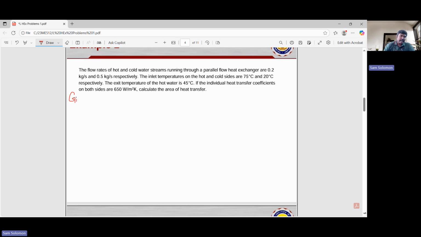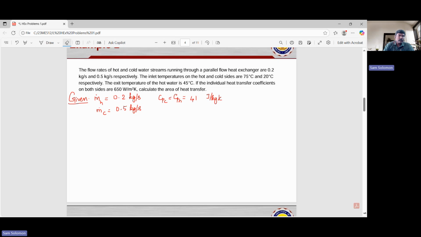If you look at the given details, the mass flow rate of the hot fluid, m dot h, is 0.2 kilogram per second. m dot c is 0.5 kilogram per second. Cp for water, in both cases Cpc and Cph, is 4180 joule per kilogram Kelvin, or to be exact, 4187, which is what we normally use.